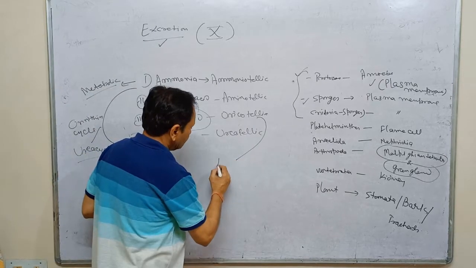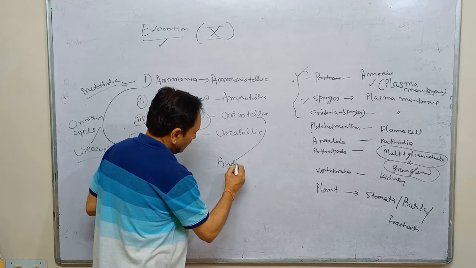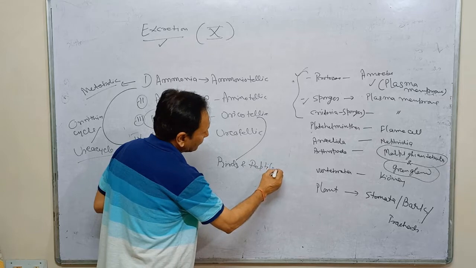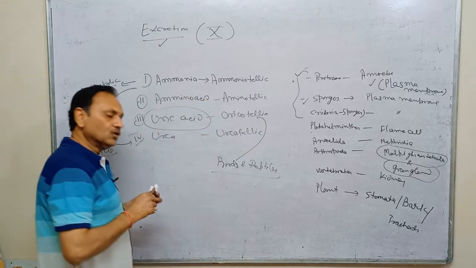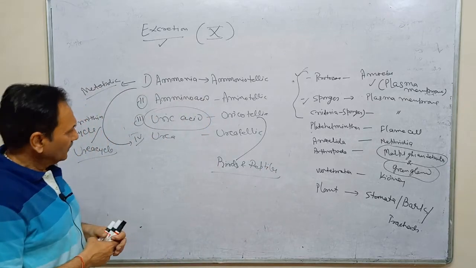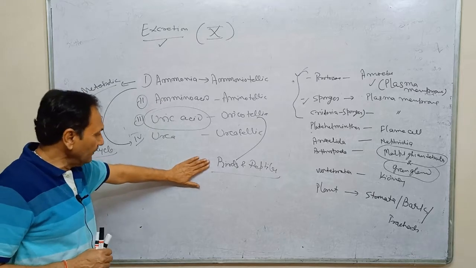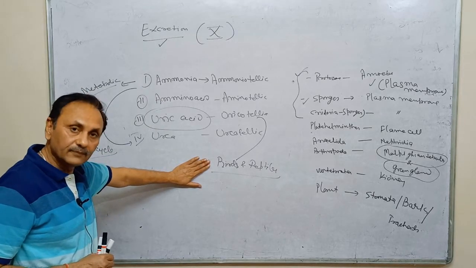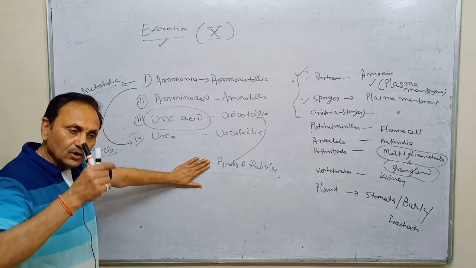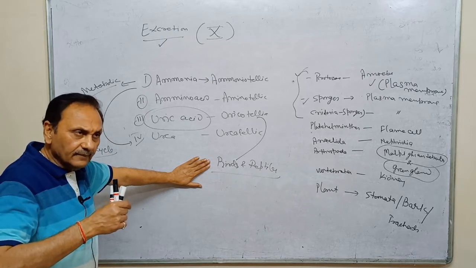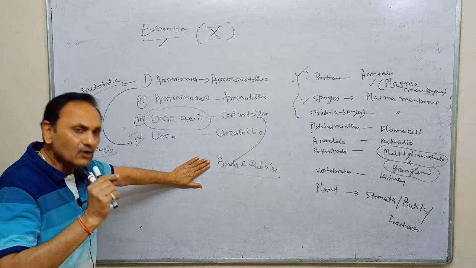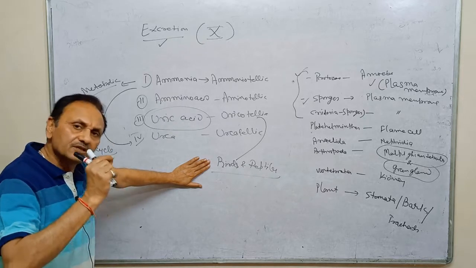birds and reptiles. You can observe whenever fecal matter is laid out by birds or reptiles, in addition to that stool part, there is a whitish granular or whitish semi-liquid substance.